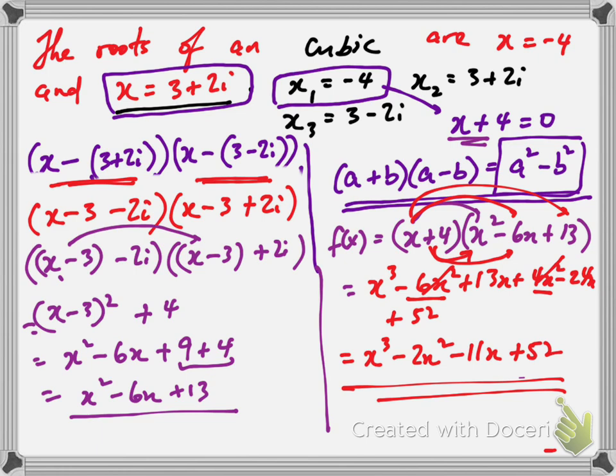You were given the real root and one of the imaginary roots. Therefore, you found the other imaginary root, which is a conjugate. You multiplied the two conjugates together, simplified it, and got a quadratic, and then you multiplied all of them to find the cubic. That is how you find the equation of a cubic given the roots.